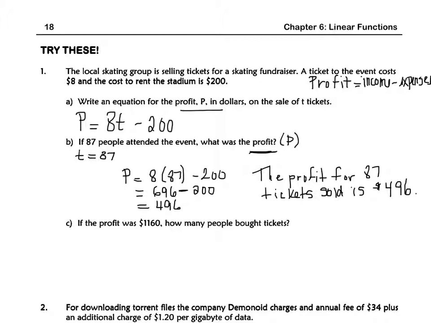Next question gives you the profit this time and asks you how many people bought tickets. That would be the same as the number of tickets sold. So this time if you look at your equation, P equals 8t minus 200, this time you have a P value.